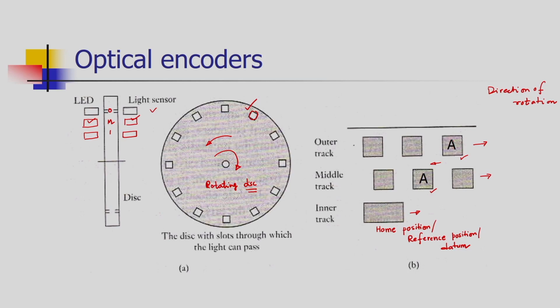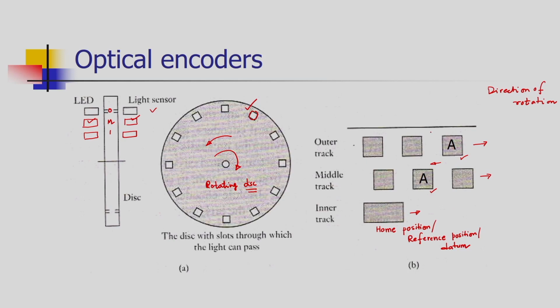For this A, one set of LED light and sensor is fixed. For the middle track, in the same line there will be another set of LED and light sensor. For the inner track, again one more set, but we do not have any offset here.